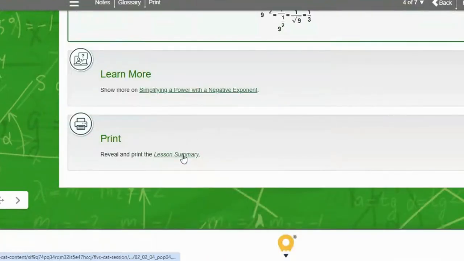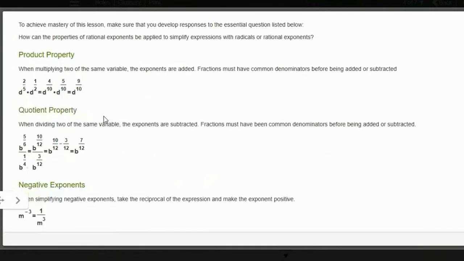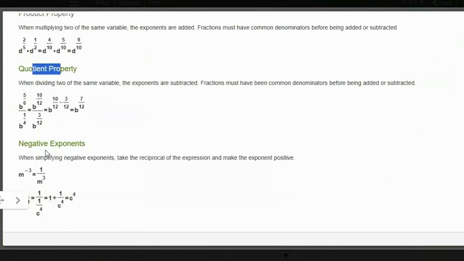Okay, this is the lesson summary, which means we made it to the end of the lesson. We were close last time, but we needed another 20 minutes or so. Here are those properties we put in our notes: the product property, the quotient property, and the negative exponents.